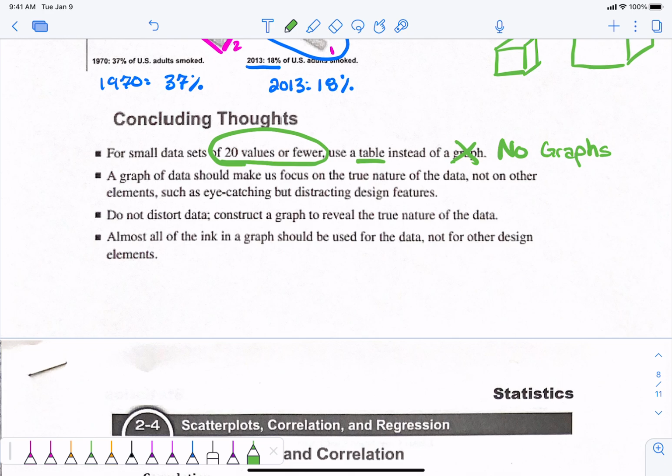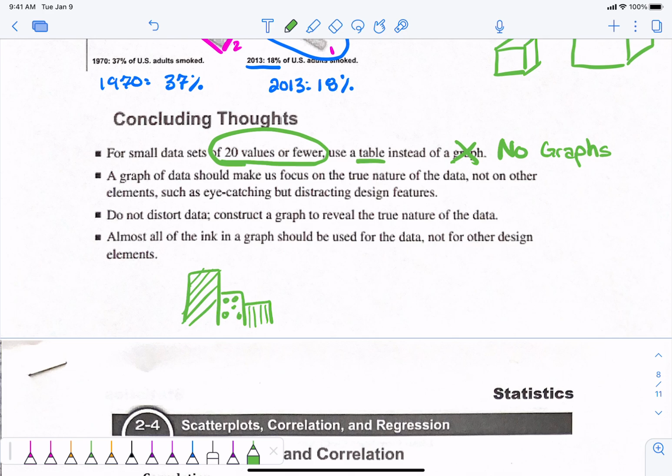A graph of data should make us focus on the true nature of data, not on other elements such as eye-catching but distracting design features. Okay? You guys are fine when you use different colors. I think that's helpful. But you remember in elementary school when one of the bars was this, and one of the bars had dots on it, and one of the bars was shaded this way, that's a little bit more distracting than it is helpful, right?